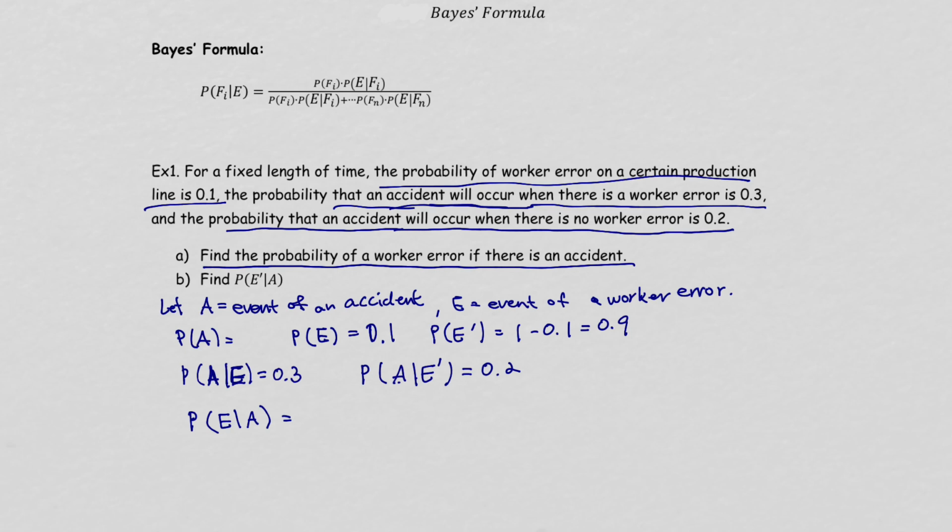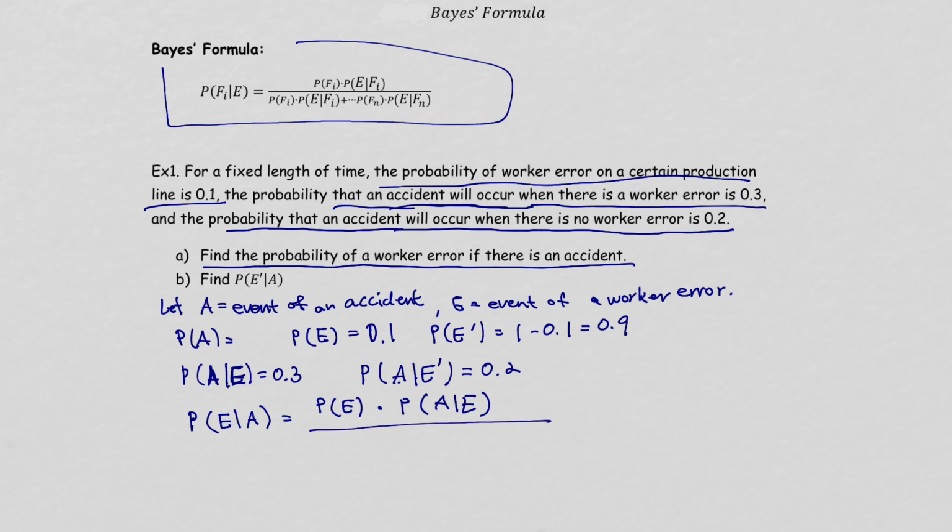So that's when you're going to use Bayes' theorem. Bayes' theorem says that in order to find this, converting the given probabilities, you're going to use the probability of E times the probability of A given E, over the probability of E times the probability of A given E, plus the probability of E not times the probability of A given E not.